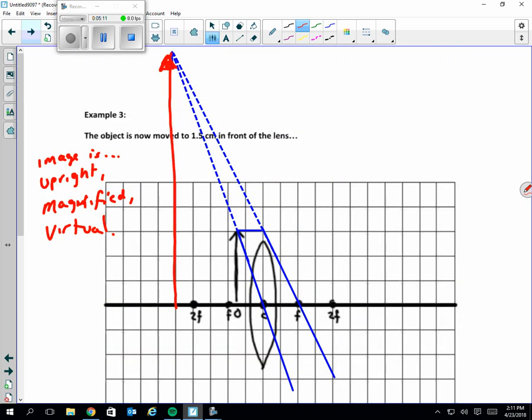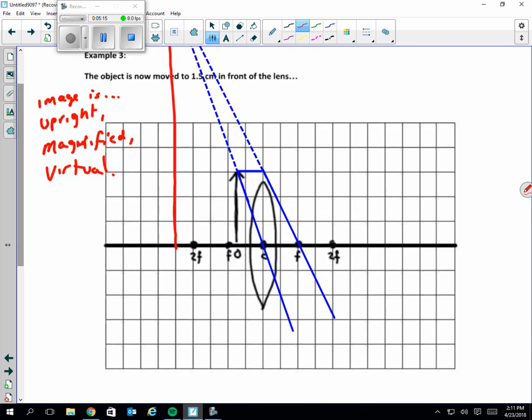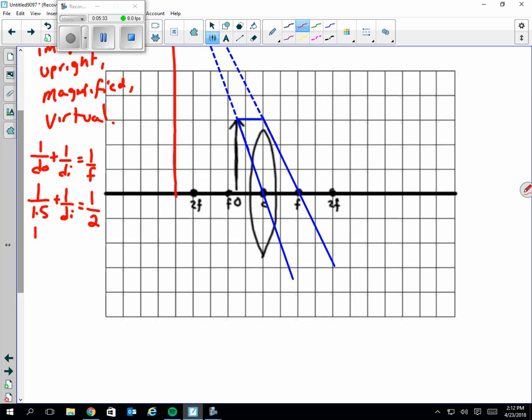That's the next example. Okay. Our distance to the object now is 1.5. So 1 over dO plus 1 over dI is 1 over f. 1 over 1.5 plus 1 over dI is 1 over 2. 1 over dI is 1 over 2 minus 1 over 1.5.